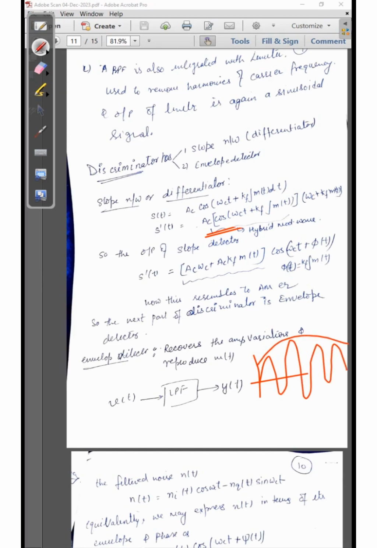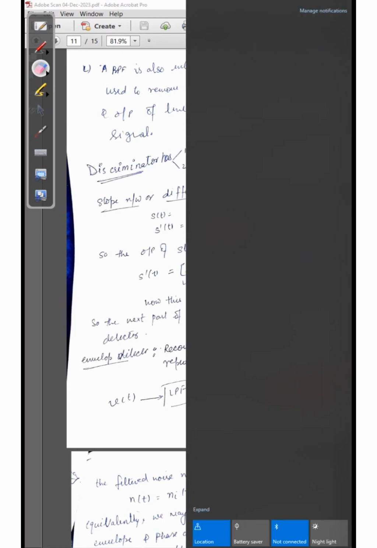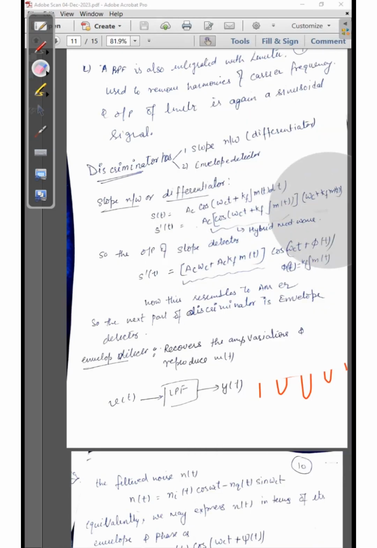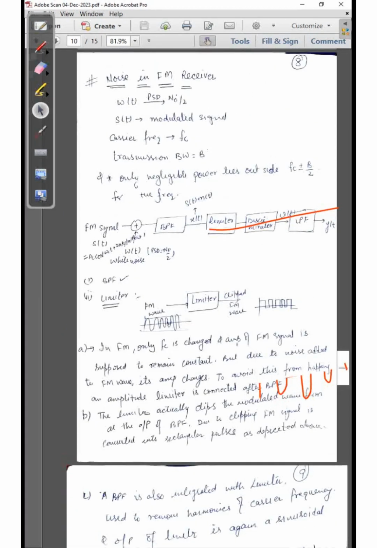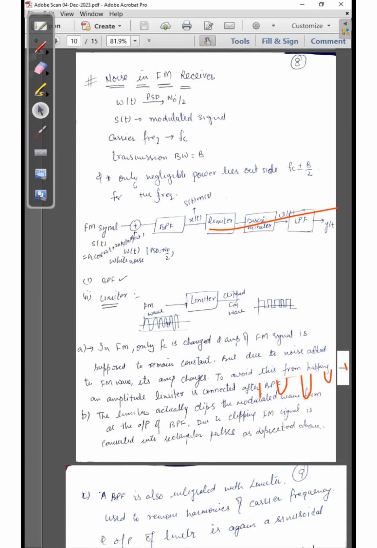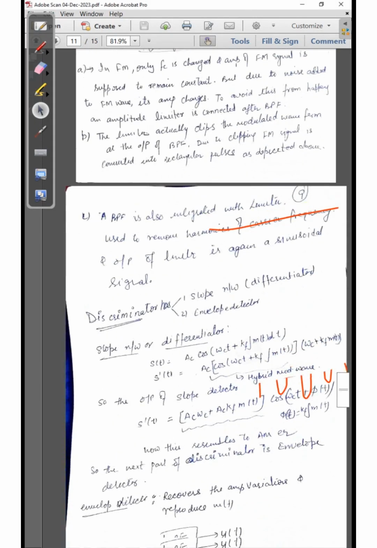So here the envelope detector finds the amplitude of this waveform. Then what was the last part of the block diagram? A low pass filter. Then the whole signal is passed through a low pass filter to get the final output y of t.